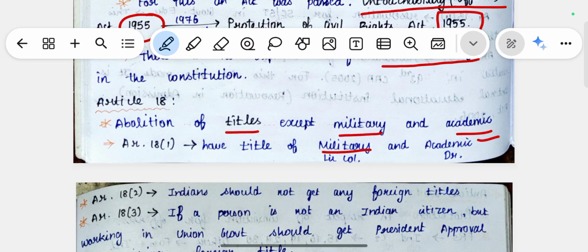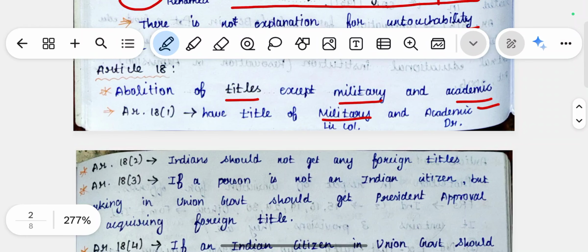For these titles they have the right to add them. But other awards like Bharat Ratna and Padma awards should not be added before or after their name, as prefix or suffix, like Padma Shri and the name. These kinds of titles should be avoided and should not be encouraged.